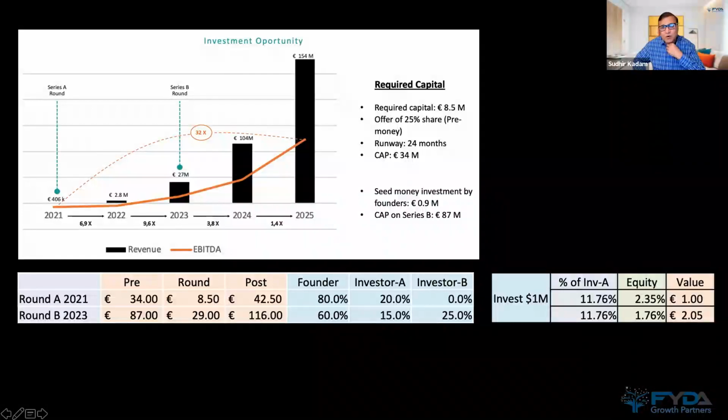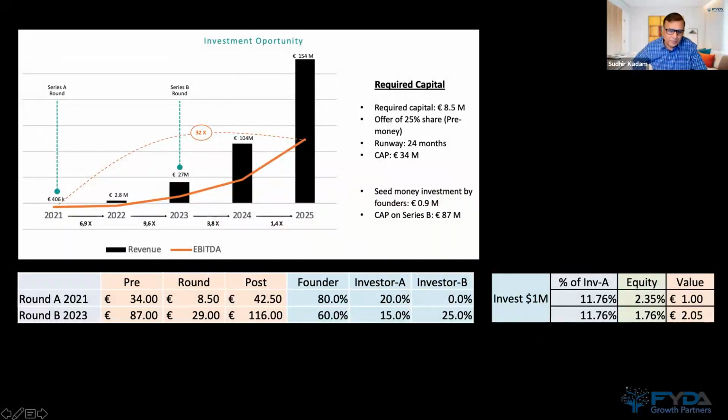In the second round, investor A gets diluted by 15%, so my equity also gets diluted to 1.76%. But because the valuation has increased to 116 million, my value in the company has gone 2x.